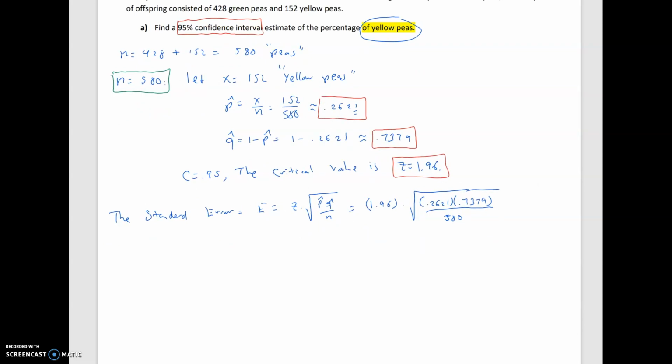So this is going to give us that the error is approximately, and let me type it in.